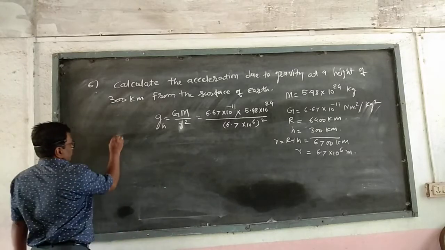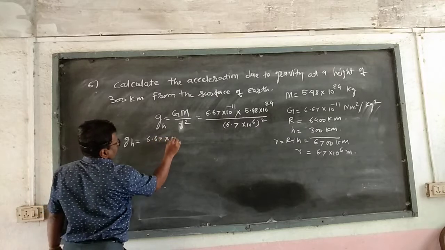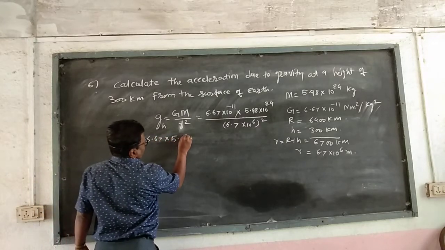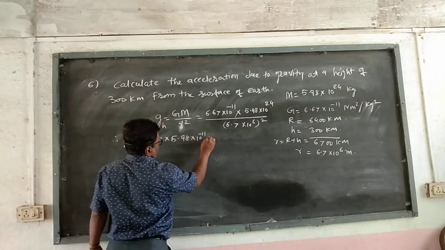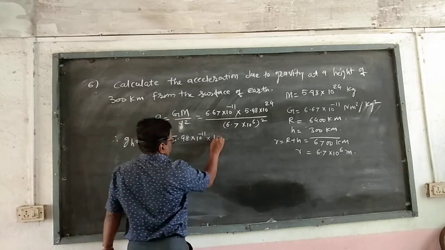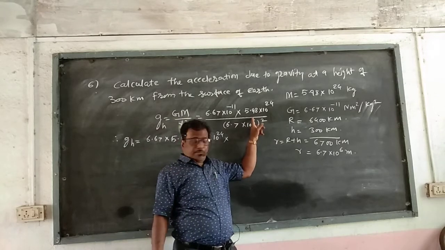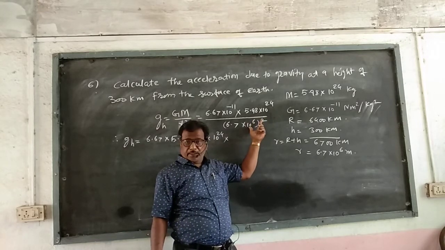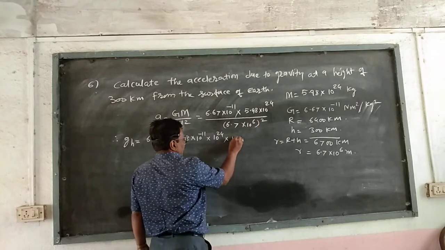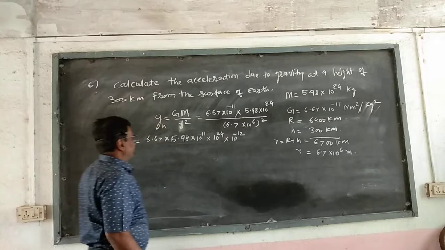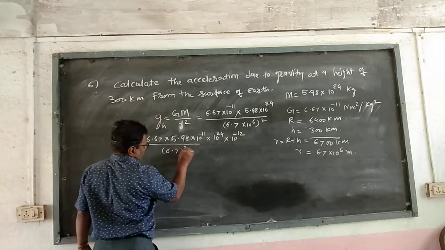We get gh equal to 6.67 into 5.98 into 10 to the power minus 11 into 10 to the power 24, and here (10 to the power 6) raised to power 2 is 10 to the power 12. Now shift this, we get 10 to the power minus 12, divided by 6.7 square.